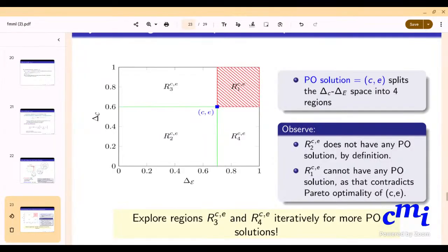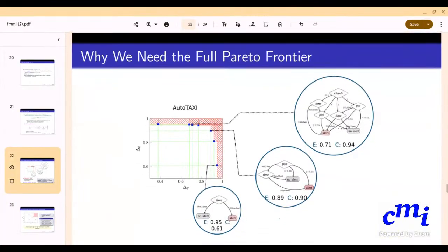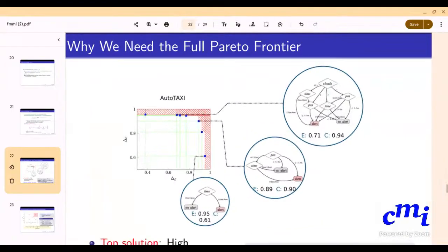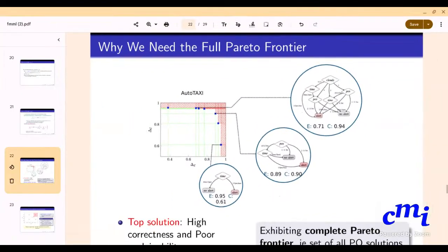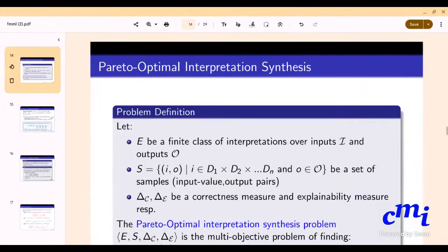Looking at your previous slide, each of these is a Pareto optimal solution. What is a Pareto optimal? Where have you defined Pareto optimality? In the previous slides. Where?